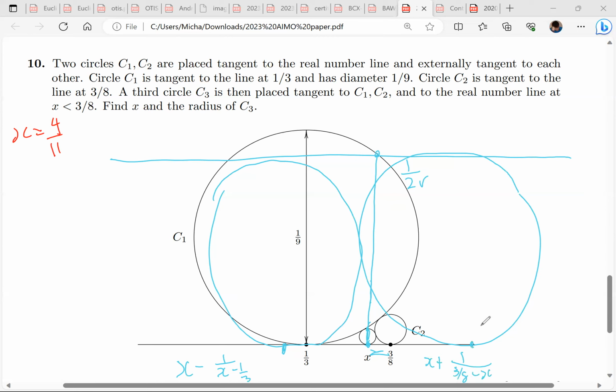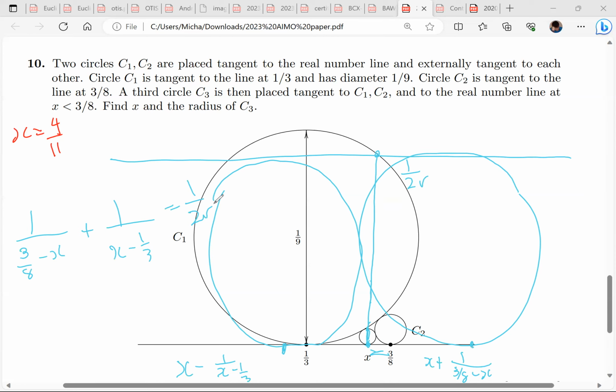Then we know that the total distance between those 2 points is exactly 1 on 2r. So the distance between those 2 points is 1 on 3/8 minus x plus 1 on x minus a third, equals 1 on 2r. We actually know what x is, x is 4 on 11, so we can solve for r.